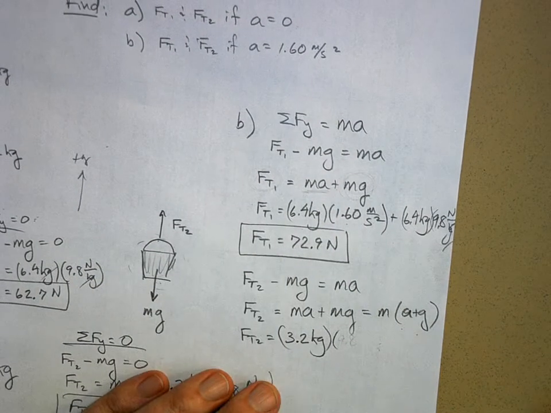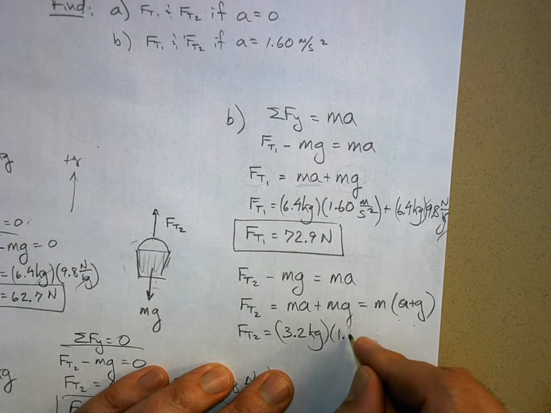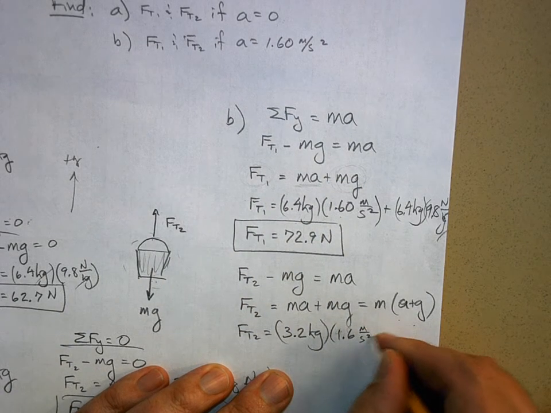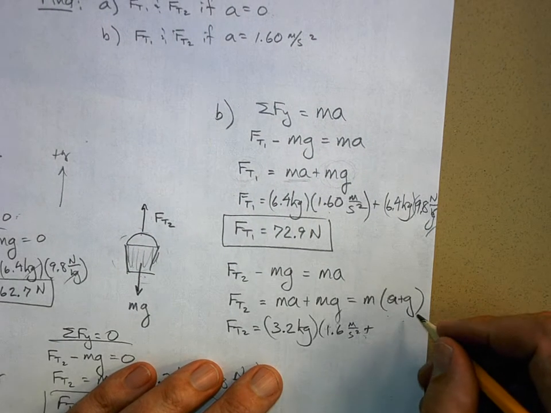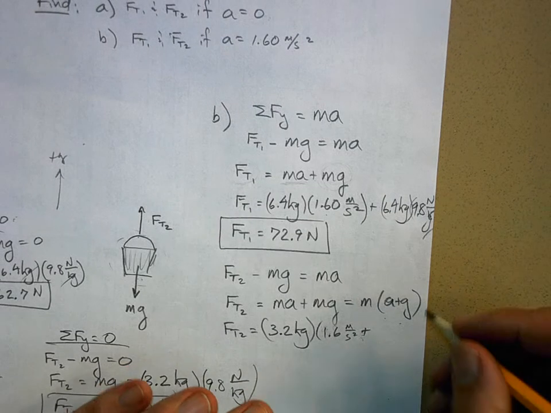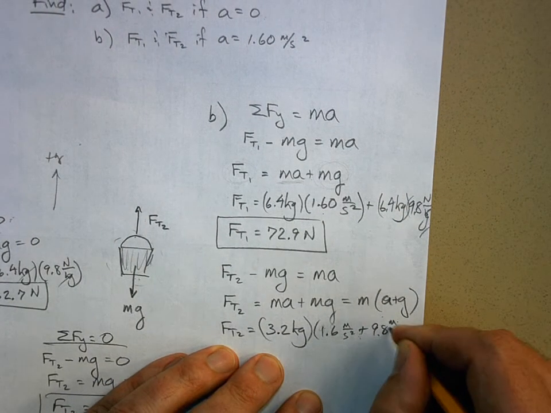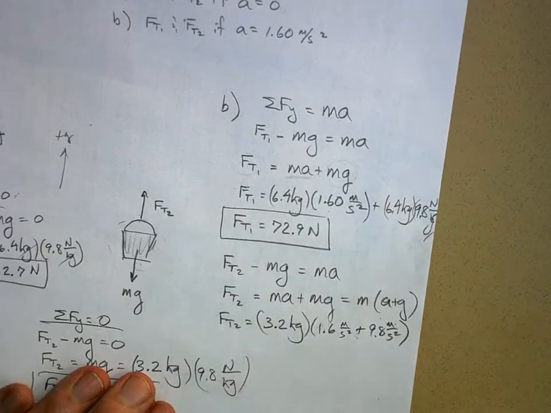So the acceleration here is 1.6 meters per second squared plus, now g, I usually write it as 9.8 newtons per kilogram, but a newton per kilogram is also 9.8 meters per second squared. Same thing.